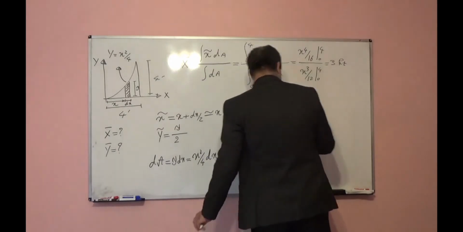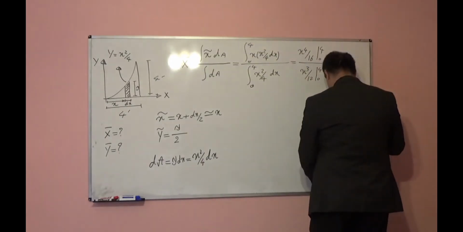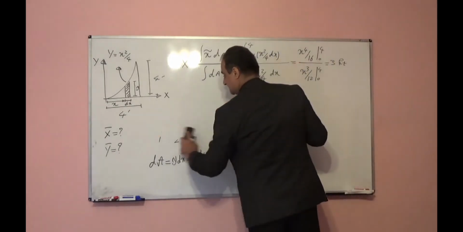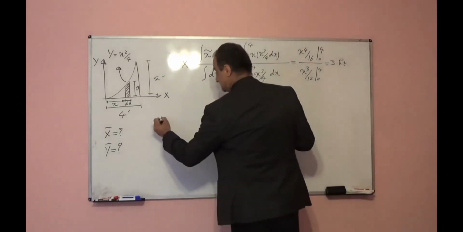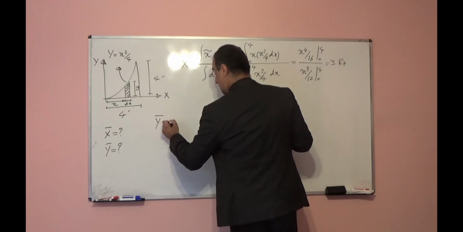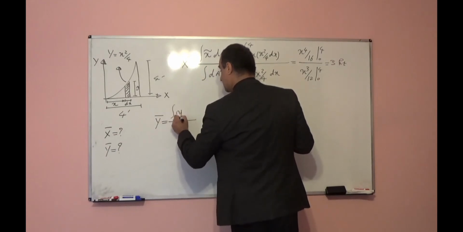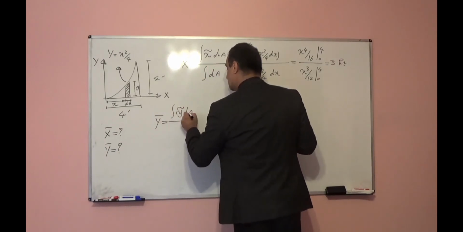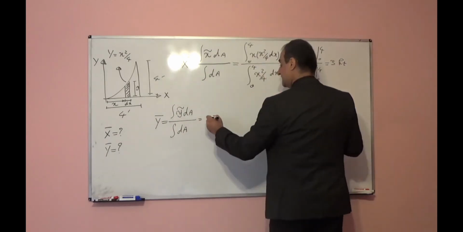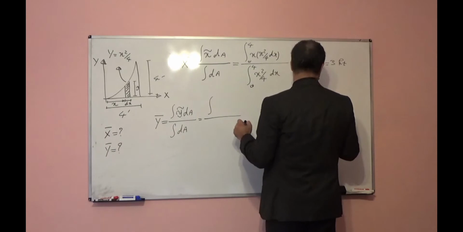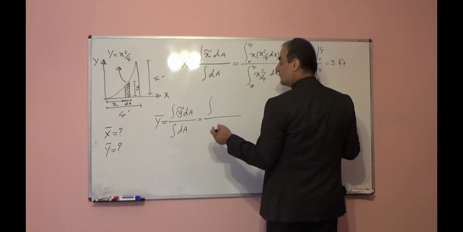In a similar way, if I find y bar, it will be equal to integration of y tilde dA over integration of dA. That will be equal to integration; instead of y tilde, I can plug in y over 2.